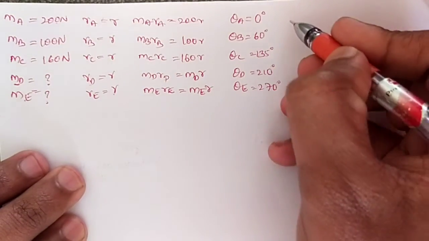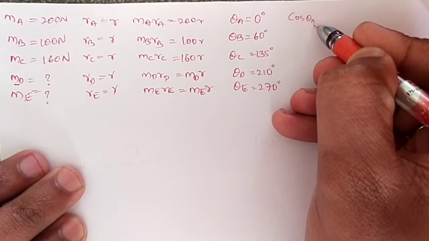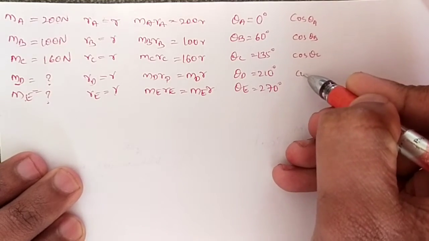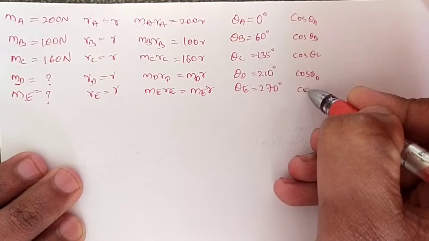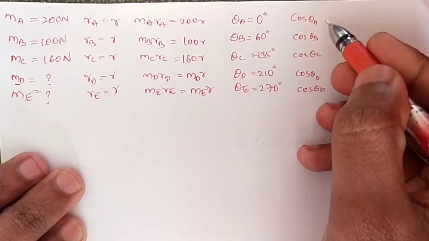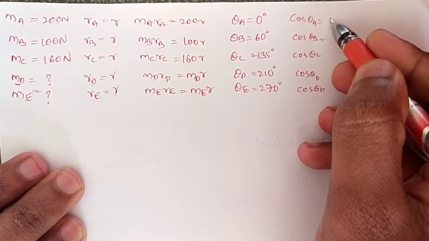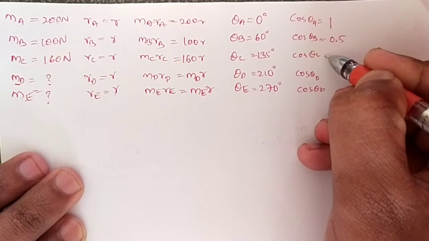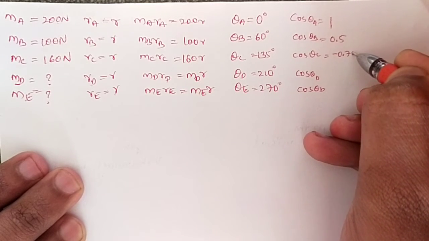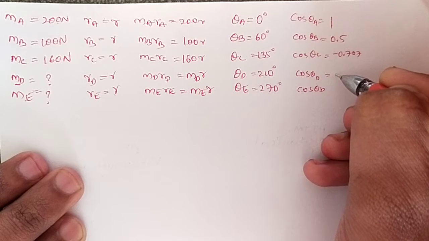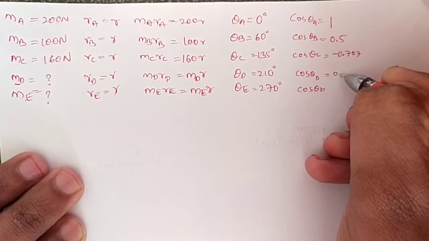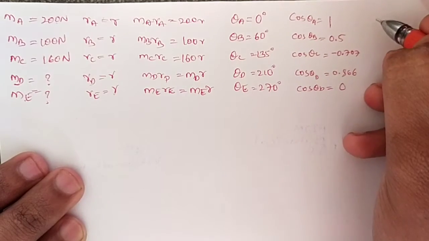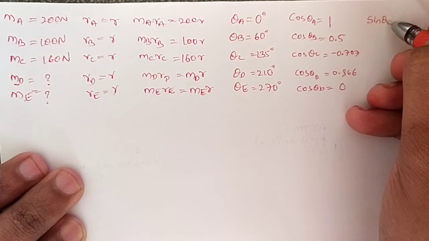Now the next step. We find cos of 0, cos of 60, cos of 135, cos of 210 degree, and cos of 270 degree, which is 0. Similarly, take sine of theta.